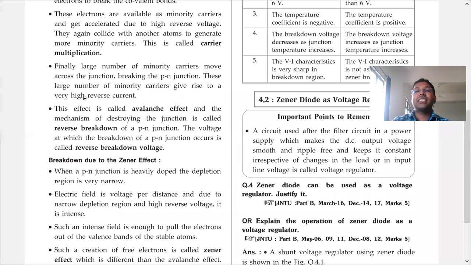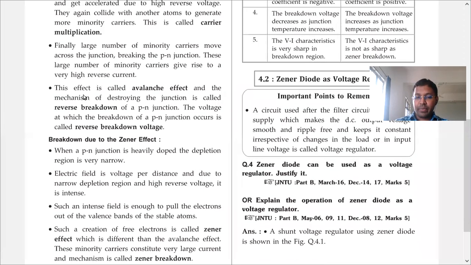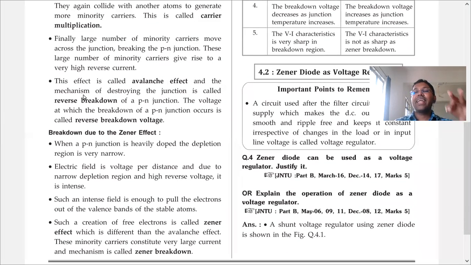So that high electric field intensity will pull out the charge carriers from the bonds, or rupture of covalent bonds takes place, and that leads to breakdown. So that is the Zener breakdown.